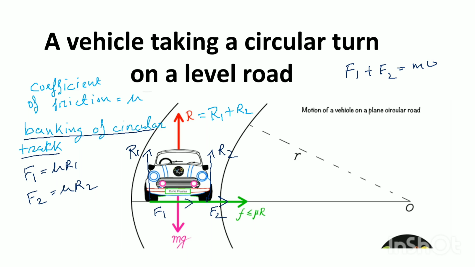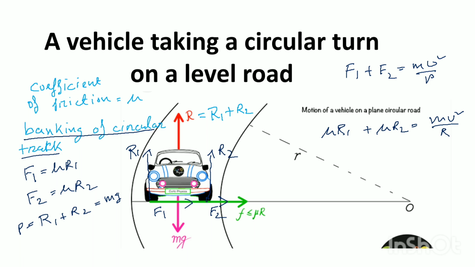So F1 plus F2 is equal to mv square by r. So mu R1 plus mu R2 is equal to mv square by r. Taking mu common, mu times R1 plus R2 equals mv square by r.